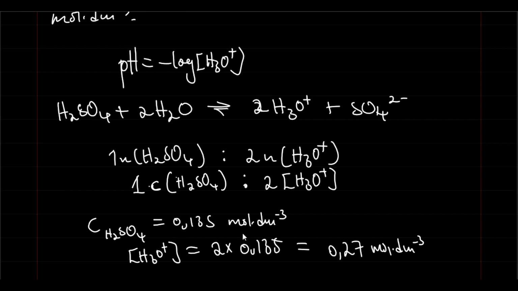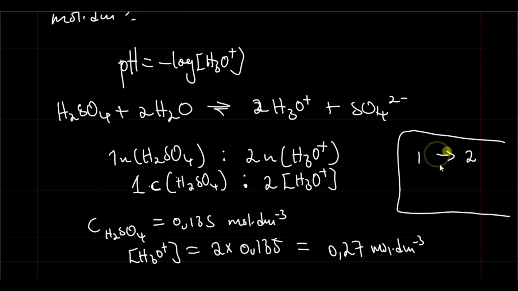Some of you might not understand what I have done here. From grade 11, what I have done is this: 1:2, right? The number of moles of the acid, the concentration of the hydronium.